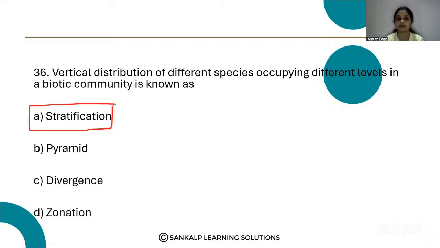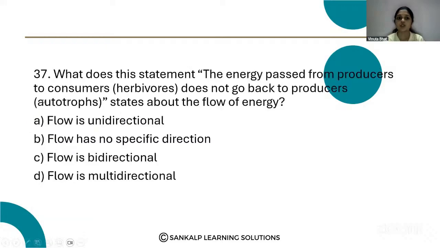Note down the question. Question number 37. What does this statement, the energy passed from producers to the consumers does not go back to the producers, that is autotrophs, state about the flow of energy? Flow is unidirectional. Flow has no specific direction. Flow is bidirectional.